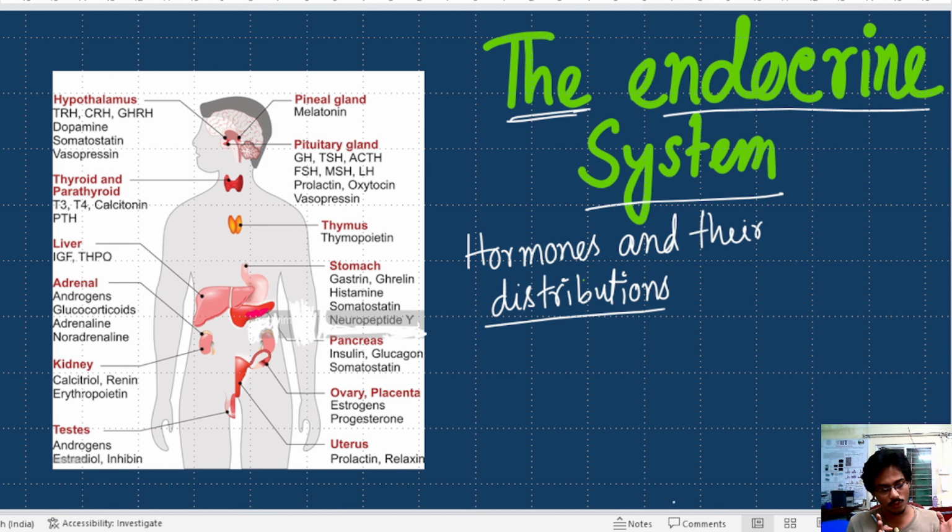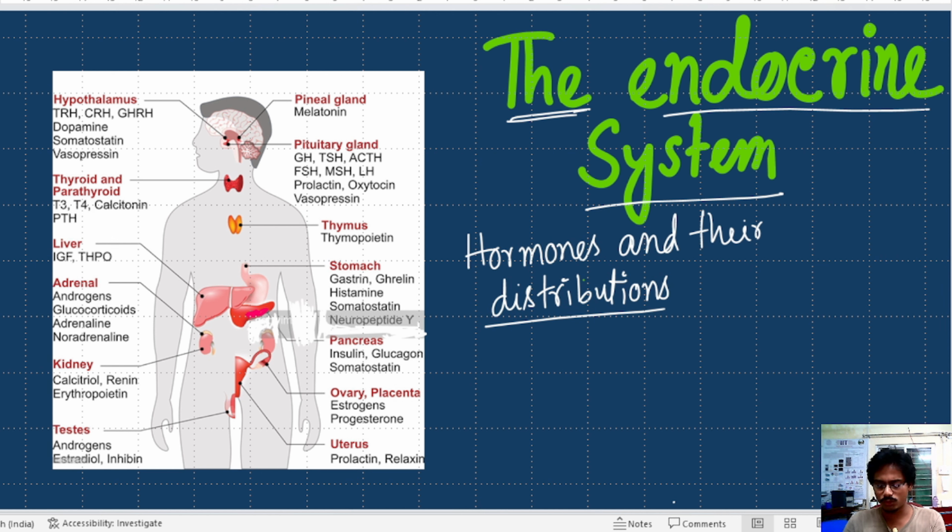The name endocrine refers to the fact that these glands don't have ducts, so they release their hormones and they circulate through the blood. Specific types of receptors bind with specific hormones, and that kind of binding changes the function of the cells, and that can maintain the entire homeostasis in the body. So this is the definition of the endocrine system.